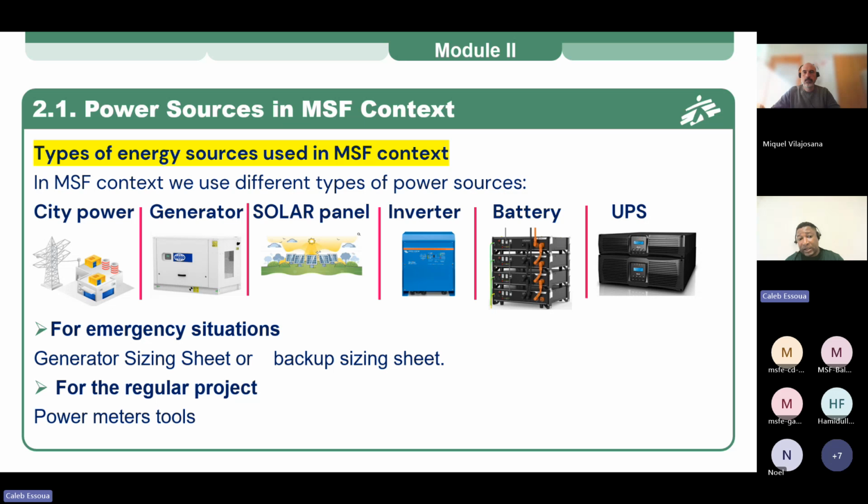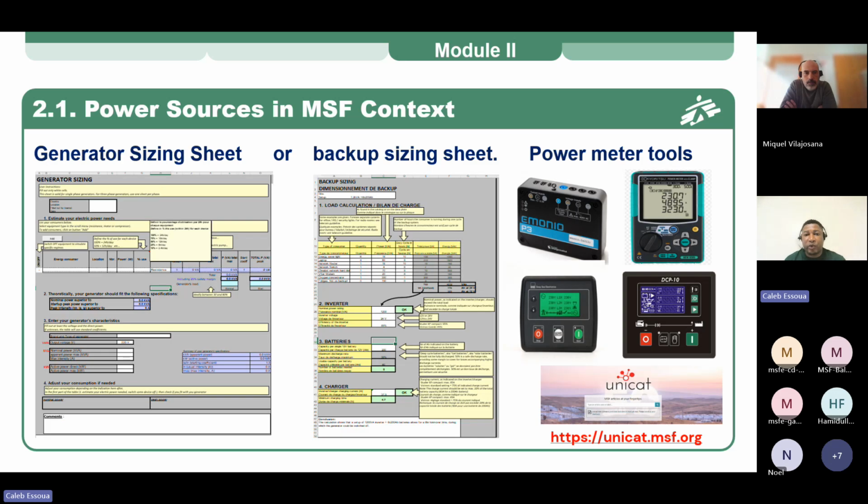For a regular project, you can use, for example, an energy meter. You can use this other power analyzer, which is called Kyoritsu. Okay, I can show you here. This is the energy meter that you can order from MSF Logistics.